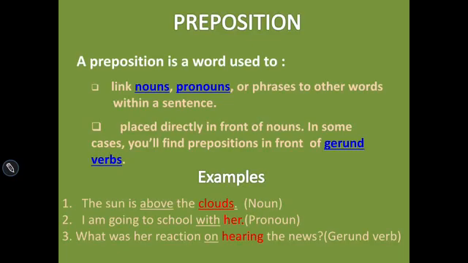In the third example, what was her reaction on hearing the news? Just as I have already explained the gerund verb, here hearing is a gerund verb. On is a preposition, and it links the reaction with the news. On hearing the news, what was her reaction?